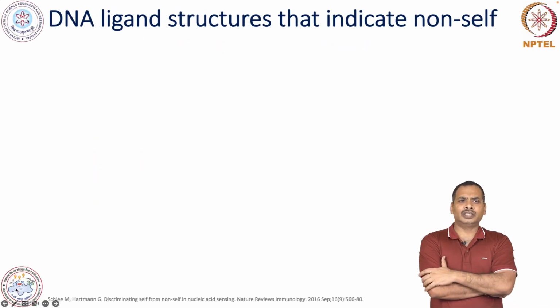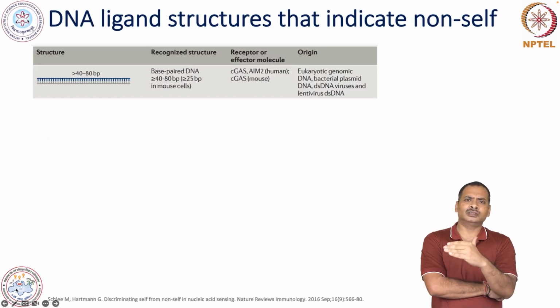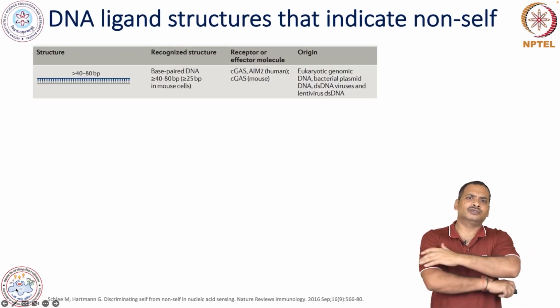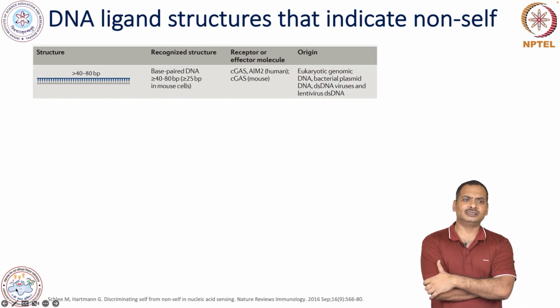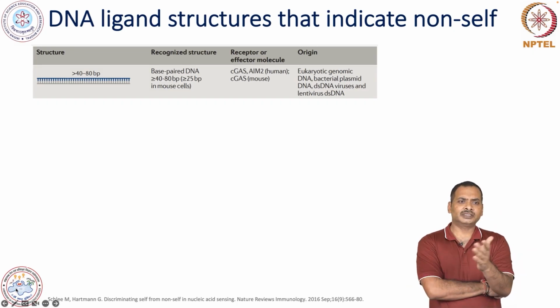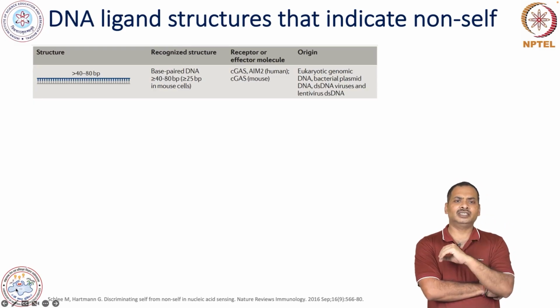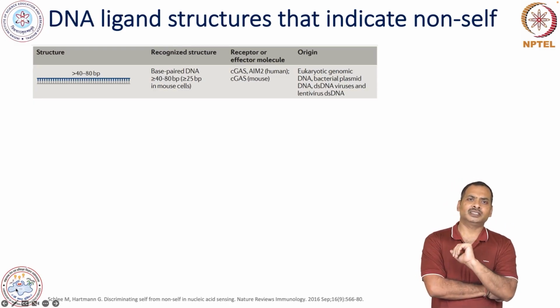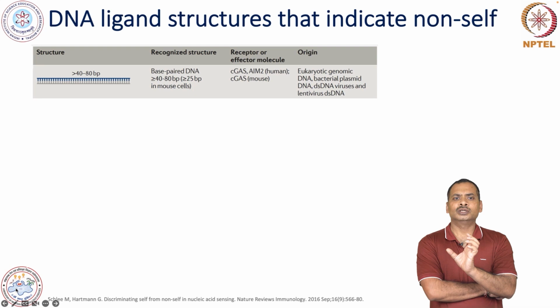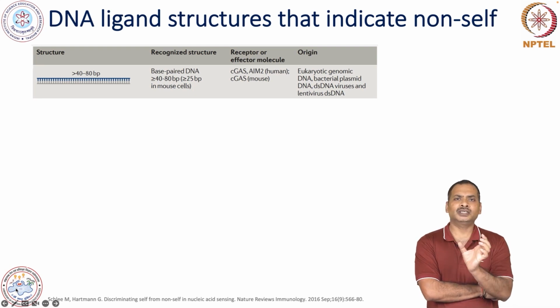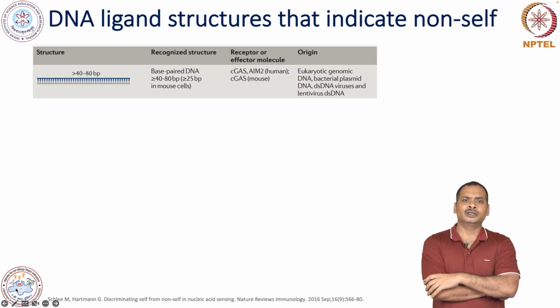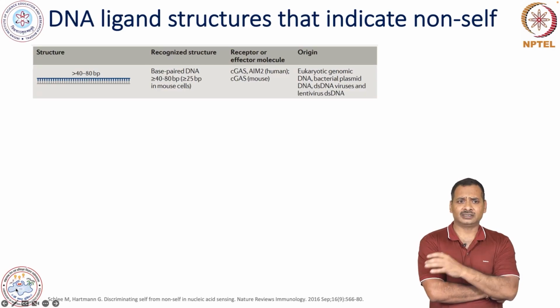So, now I will summarize the various DNA sensors. Okay, and here you can see that more than 40 to 80 base pair double stranded DNA can be sensed by cGAS and AIM2 in human, and in mice it is sensed by cGAS.